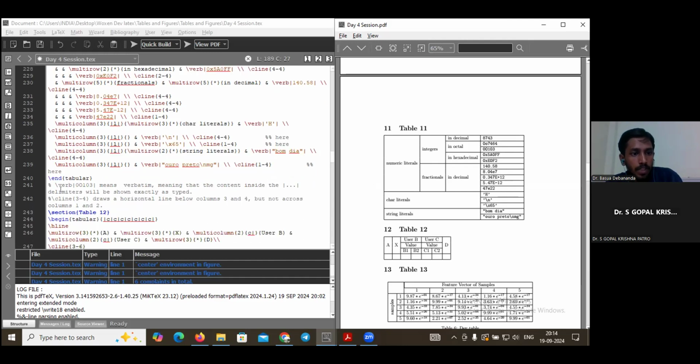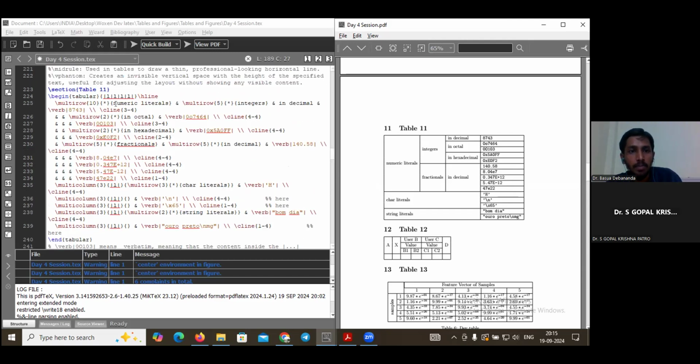And also \cline. \cline means you draw horizontal lines below column 3 and column 4, but not across column 1 and column 2. When you write \cline, see here we have used \cline{3-4}, \cline{4-4}. 3-4 means columns 3 and 4. 4 means this 4th column is divided into so many parts, that's why 4-4.